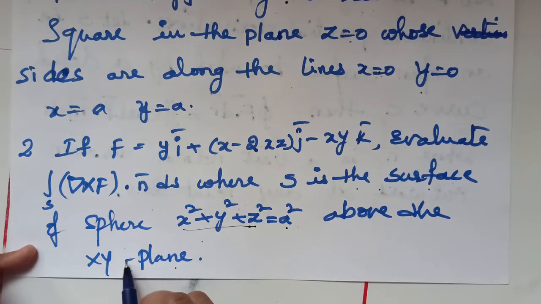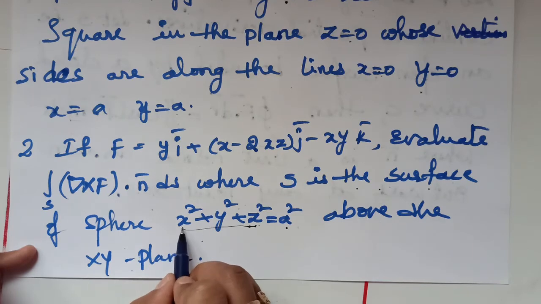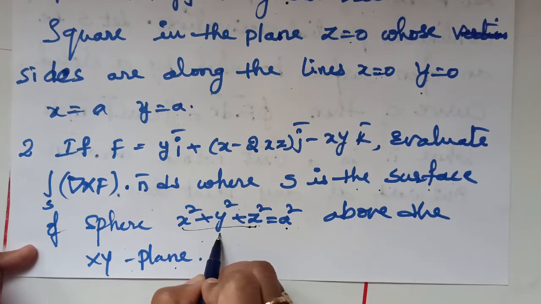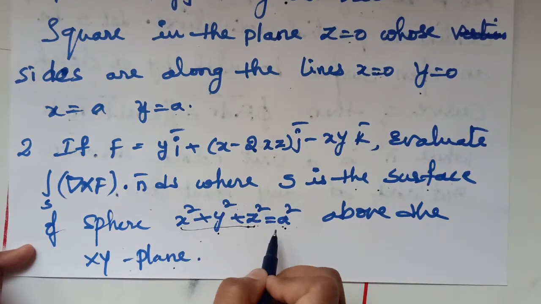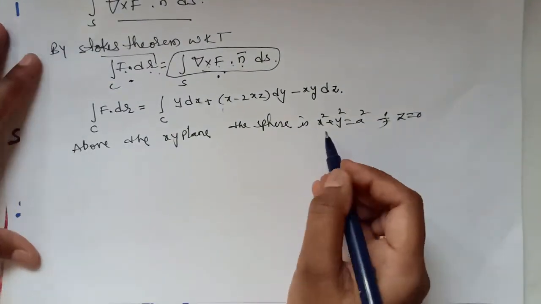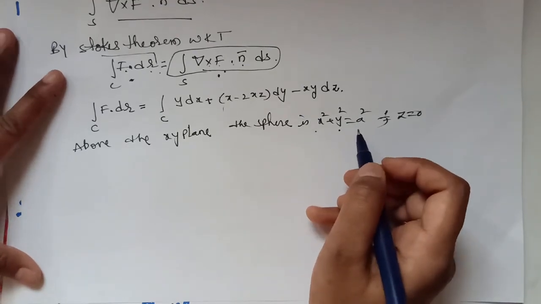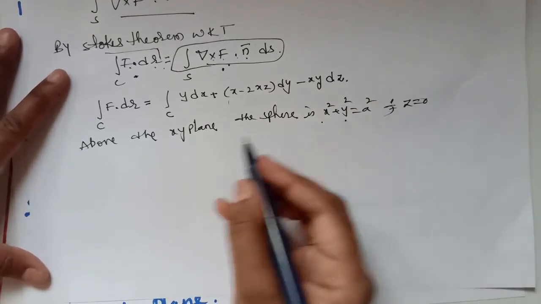In the xy plane z becomes 0, therefore it becomes x square plus y square is equal to a square, which is a circle equation with radius a. That's what I have written here.